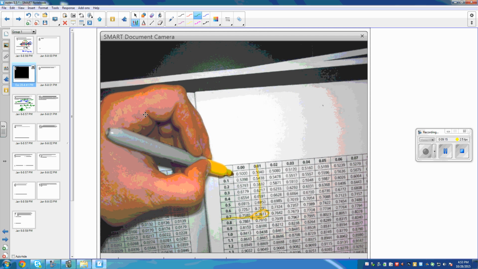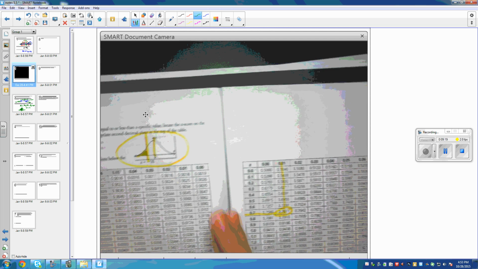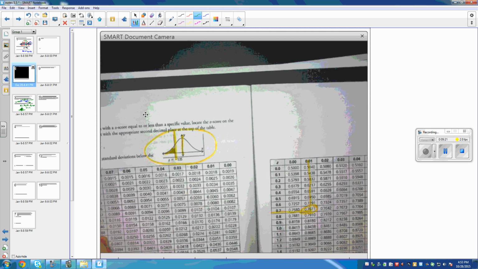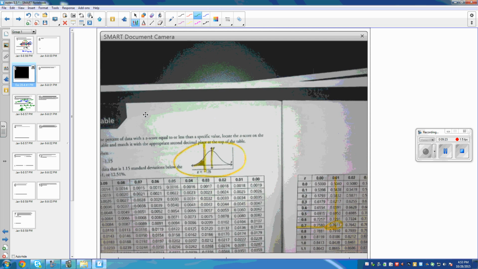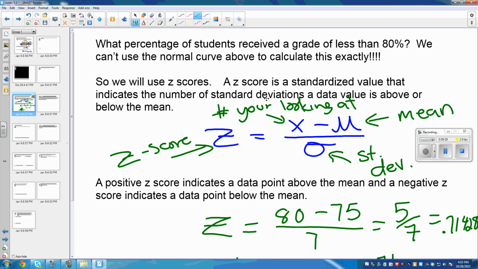So in this case, our question was, what percentage of students receive a grade less than 80%? Well, that's 76.11, because it was decimal 7611, but that's in a decimal percent. And when we change it into percentage, we want to write a percentage sign behind it.